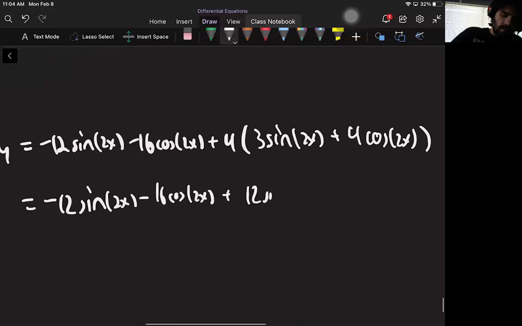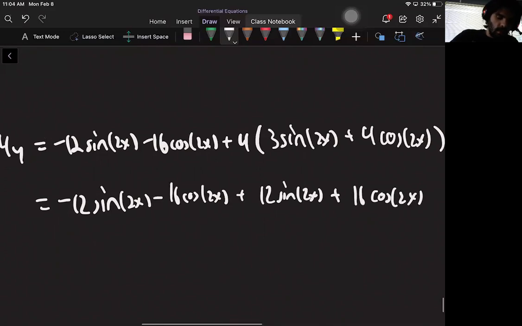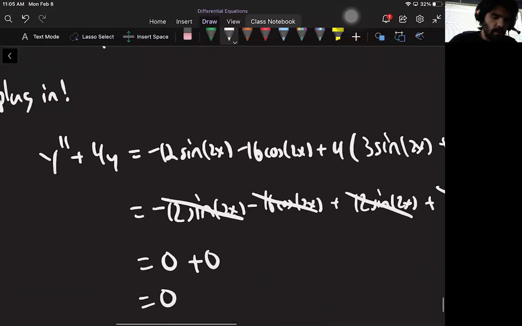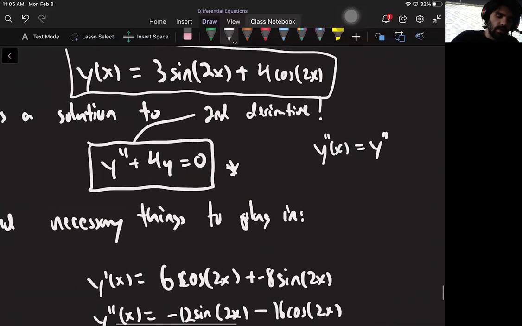So I get 12 sine of 2x and 16 cosine of 2x. Aha, everything will cancel out to be 0, which is what I wanted it to be. So I get 0 plus 0, which is 0. So yes, this y of x does solve the equation because this happened.